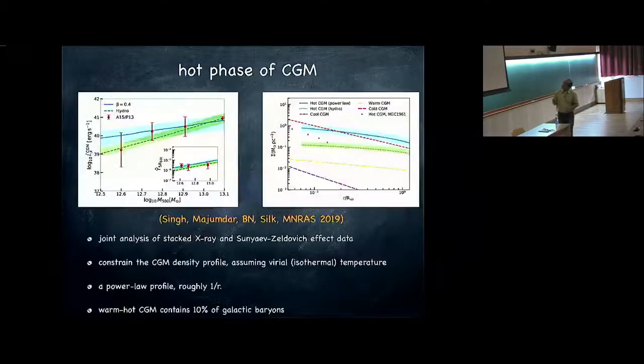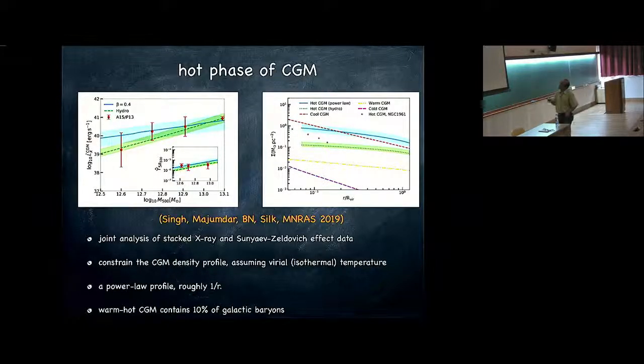So recently we looked jointly at the X-ray and stacked X-ray luminosity. Some galaxies have been seen in X-rays, in the CGM, and especially the central part. And you also expect the Sunyaev-Zeldovich effect if it is hot enough.